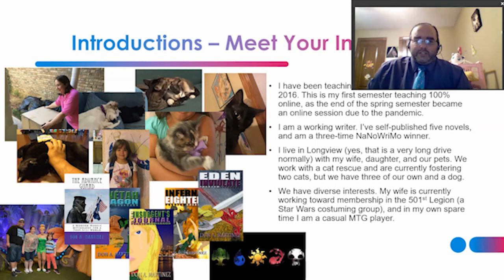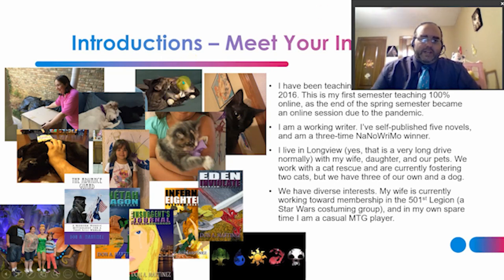Now, as far as our pets, we work with a cat rescue. It says we're fostering 2 cats. Honestly, we're only fostering 1. But the other cats that we have, four cats of our own and a dog. So, to try to give you an introduction here, if you can follow my cursor, the oldest of our cats is this one right here, this calico.